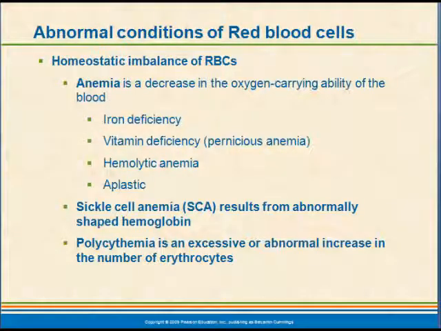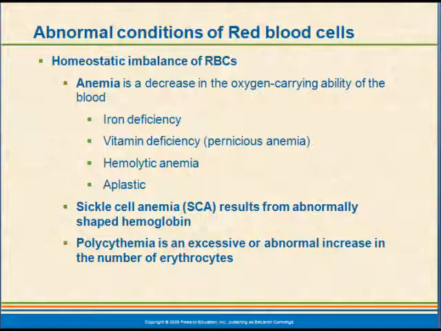Other disorders, homeostatic imbalances of red blood cells. Anemia is quite common. The definition of an anemia is a decrease in the oxygen carrying ability of the blood. It does not mean you don't have enough red blood cells. It can be caused by any of a number of things. So there's iron deficiency anemias where you just don't have enough iron in the blood cells.